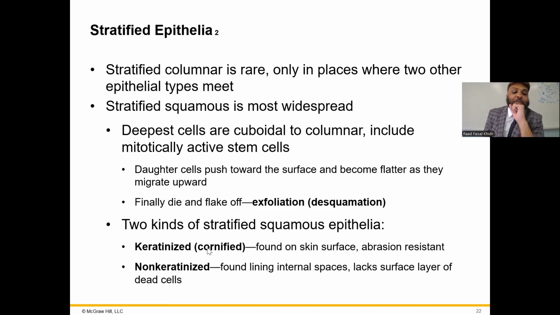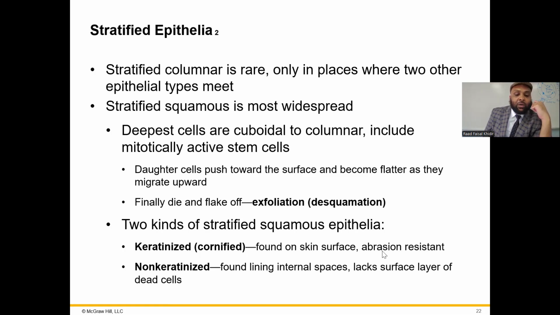There are 2 kinds of stratified squamous epithelium. There are the keratinized, or the cornified, and these are found on the skin surface, and they are abrasion resistant. Then there are the non-keratinized.